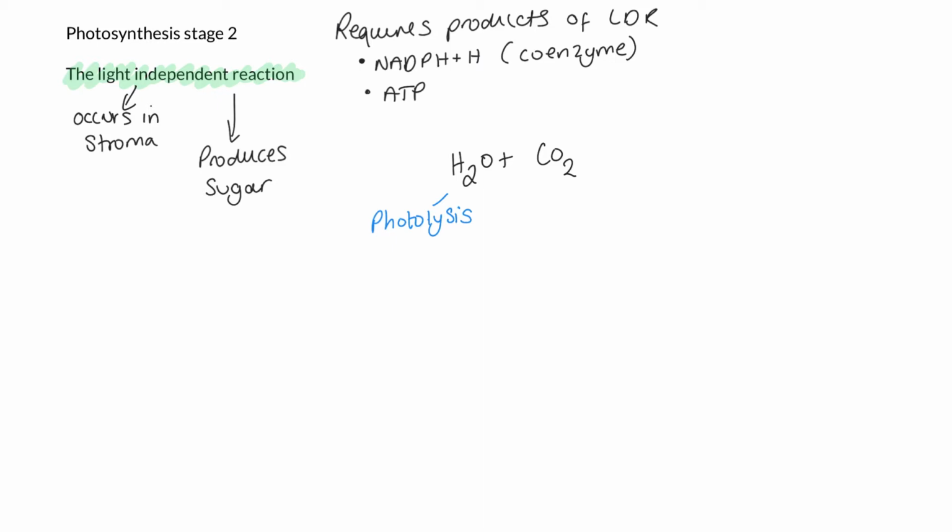But let's just do a little bit of thinking logically. We want to make some sugar, and we know that the chemical formula for glucose is C6H12O6. So how many carbons are we going to need to get hold of? 6, right? So how many carbon dioxides are we going to need to get hold of? 6.